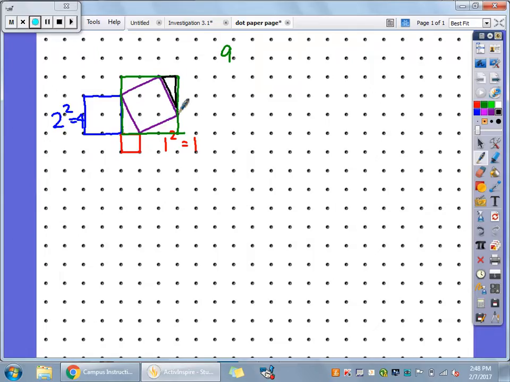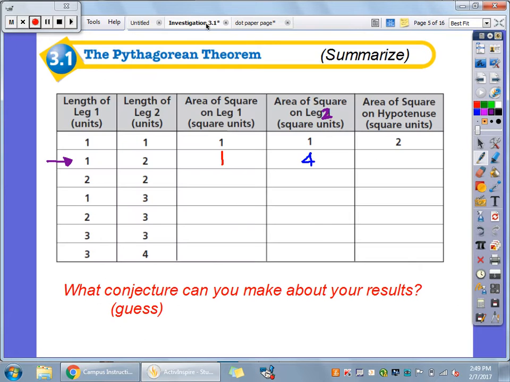So 1 times 2 is 2. 2 divided by 2 is 1. So each one of these corner triangles is 1 unit. So if we subtract these 4 out, that means that the area of the purple square is 5. Okay, so if we come back to our paper here, the area of the square on the hypotenuse, remember the hypotenuse is opposite the 90-degree angle, is 5.